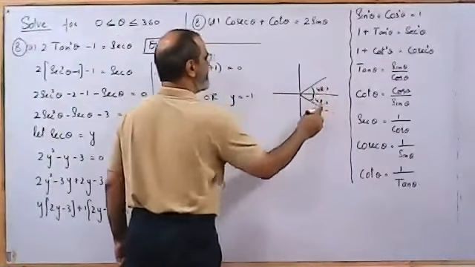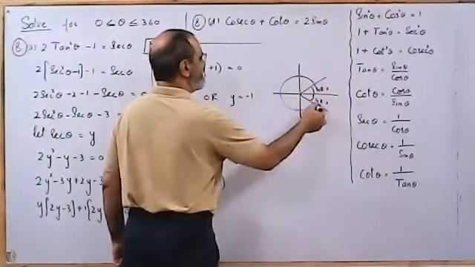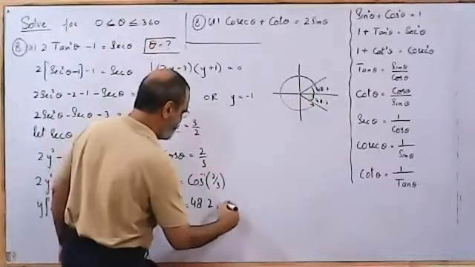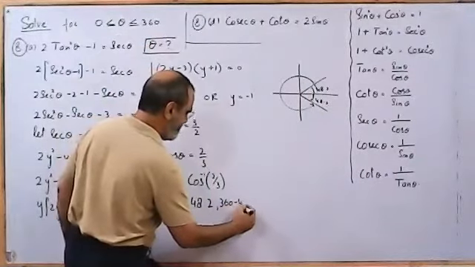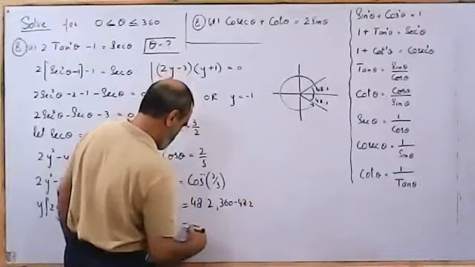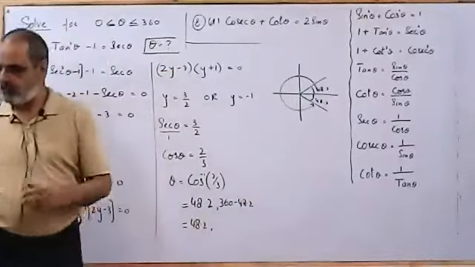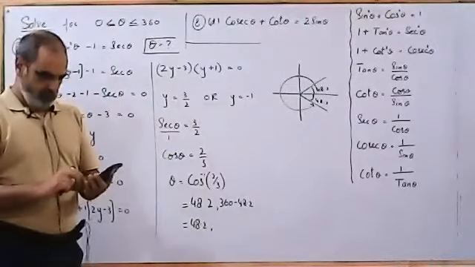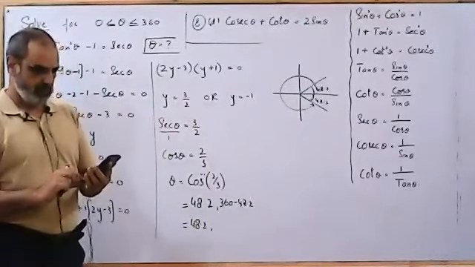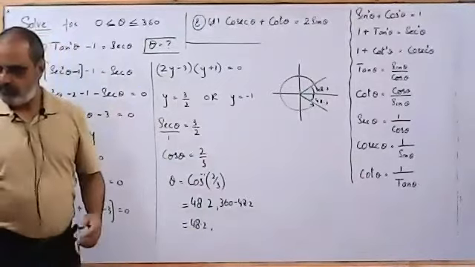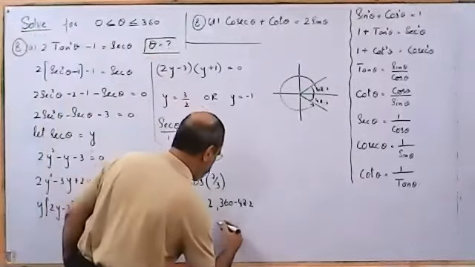The base angle is 48.2. I need this angle. So the other angle is 360 minus 48.2. It gives me 311.8.